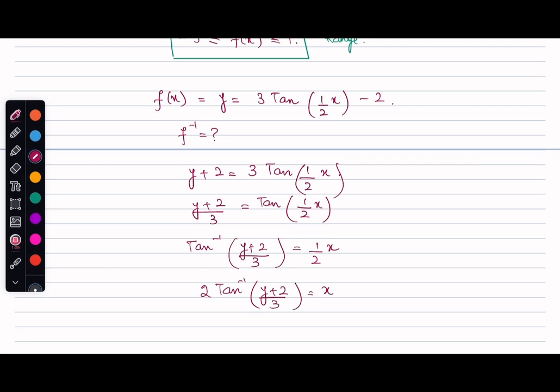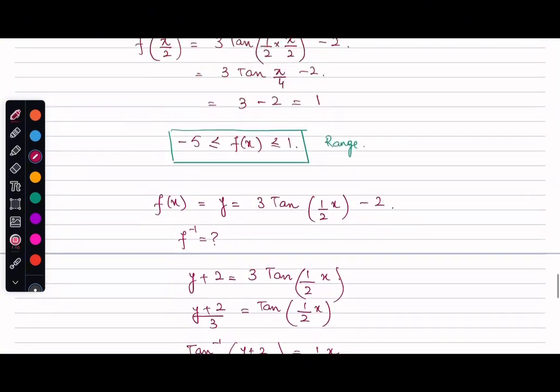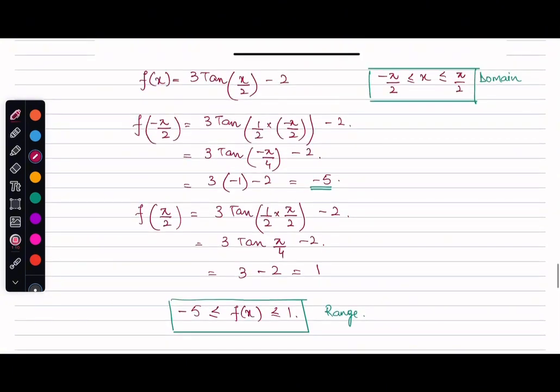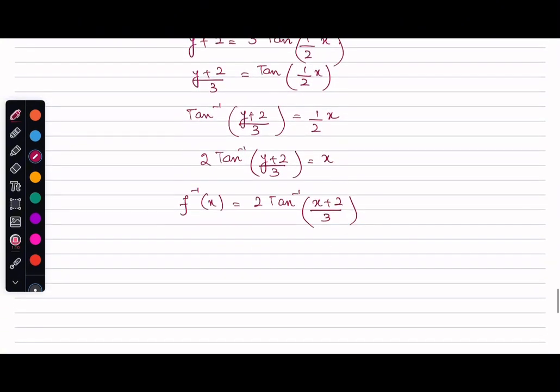To get the inverse, I know I need to flip x and y. Therefore, the inverse function here is going to be 2 tan inverse of x plus 2 divided by 3. Just flipping the range and domain of the function itself, I get the range and domain of the inverse function. Therefore, the domain for the inverse function is going to be from negative 5 till 1.